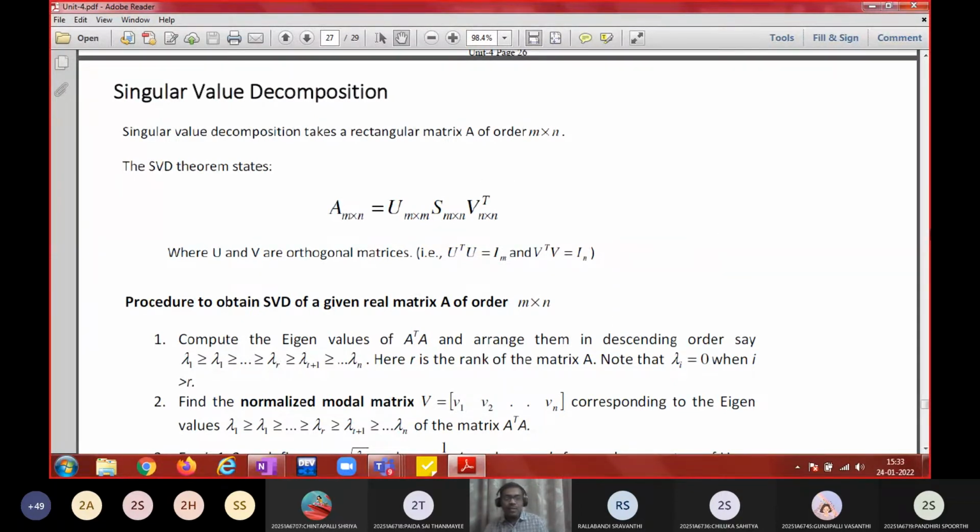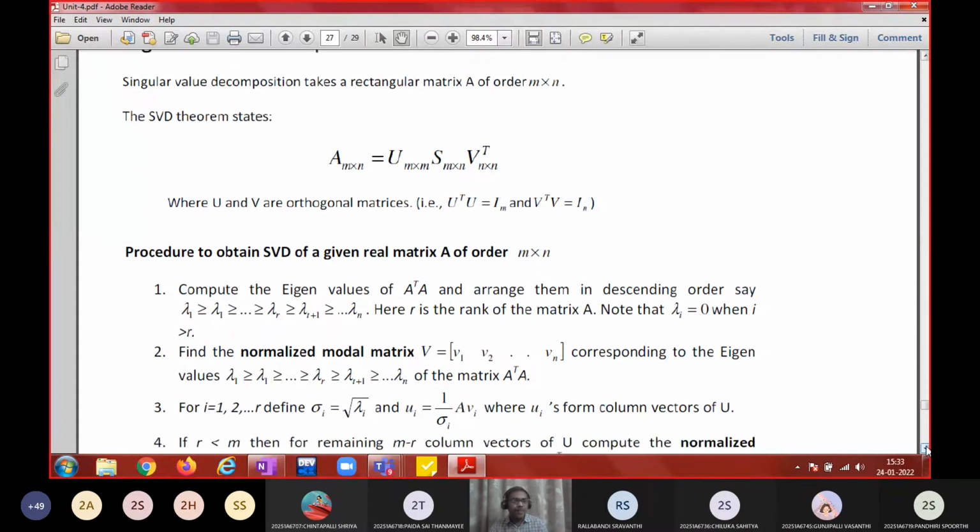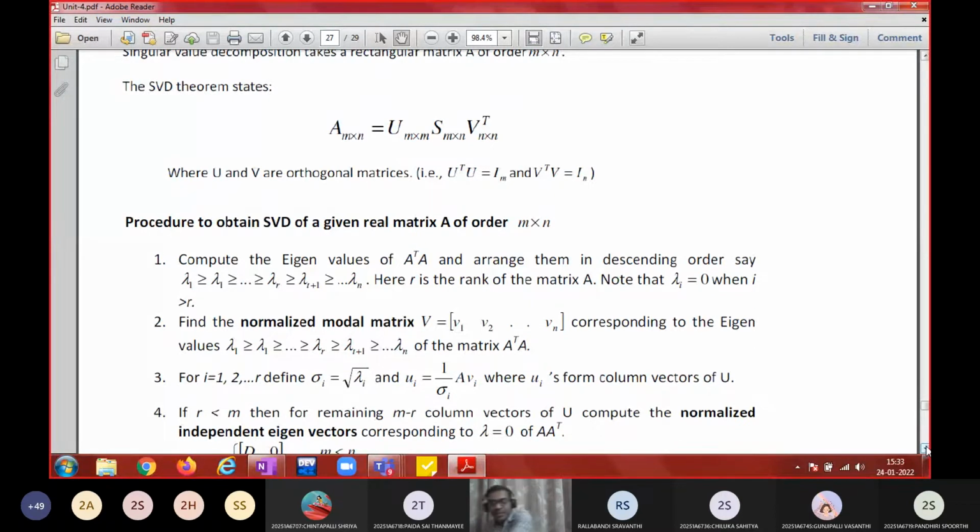Now there is an algorithm, which we call a procedure in mathematics. You have to know how to find V. If you know how to find V, you can find V transpose. So we are going to see how to find V, how to find S, and how to find U. Finally, you show that U S V transpose equals the matrix A. If you complete these four steps, you have shown the singular value decomposition of a matrix.